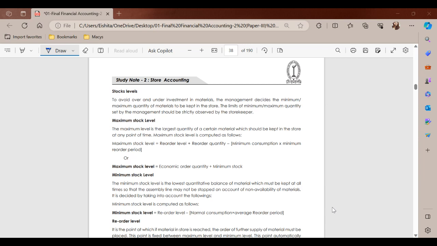Direct material has a direct link with the product, but you don't see the packing material which they have used. You don't see the packing tape which they have used. You don't see the grease which they have used. So this is called indirect material. So grease, packing tapes, polythenes, etc. are called indirect material.